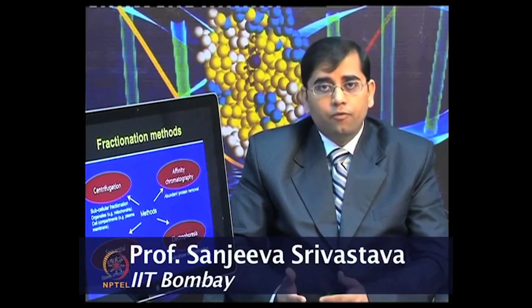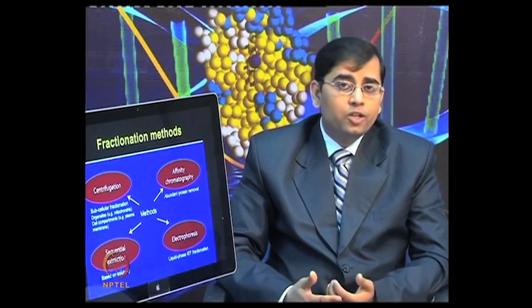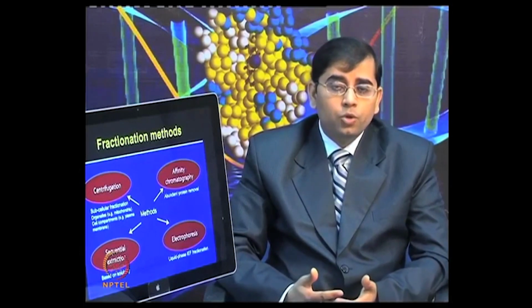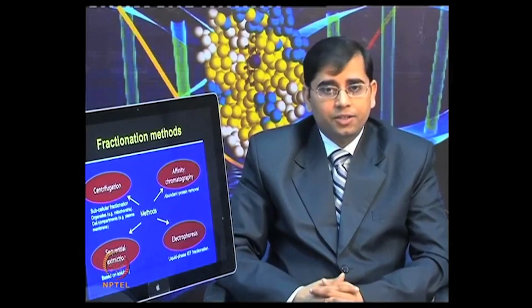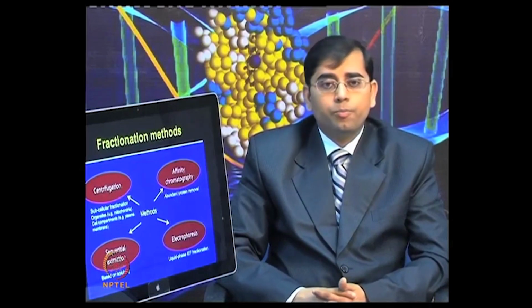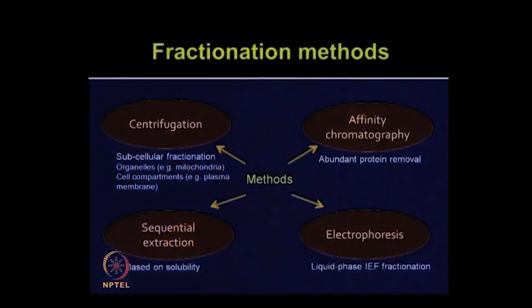The simplest way, when looking for an organelle or a specific type of proteome, is to use different ways of centrifugation and ultracentrifugation, for subcellular fractionation of organelles such as mitochondria or chloroplast, or cell compartments such as the plasma membrane. Different types of chromatography methods can also be used.